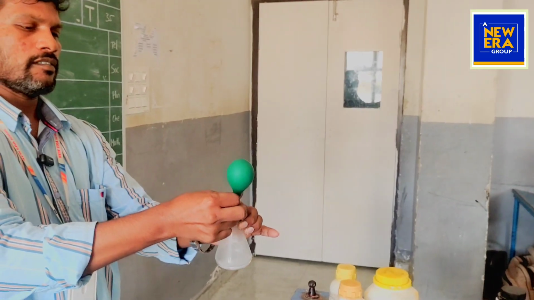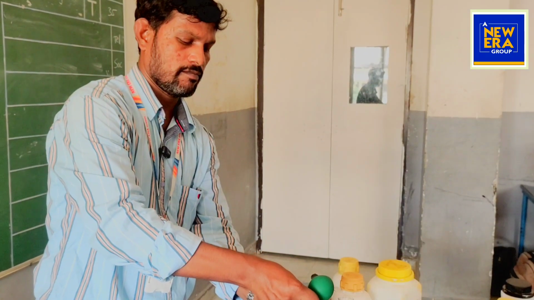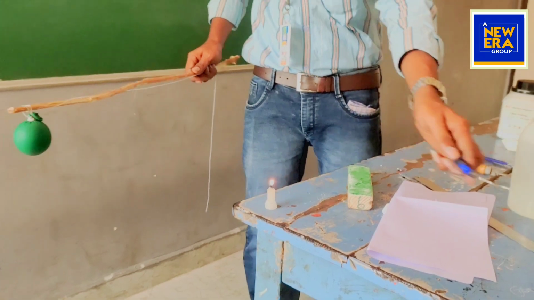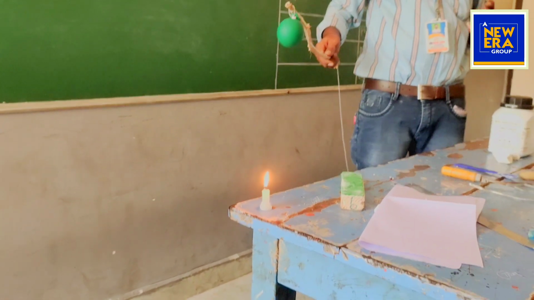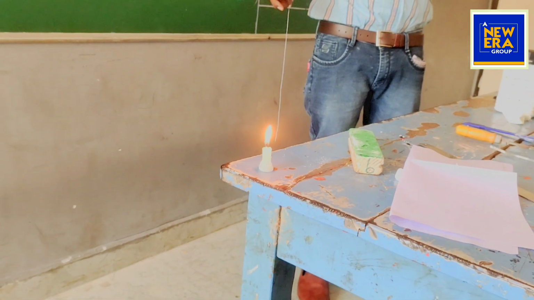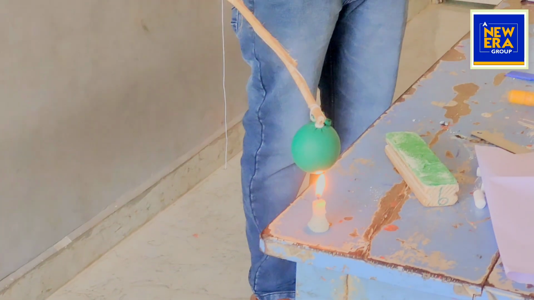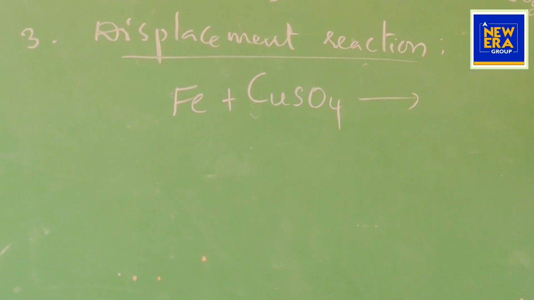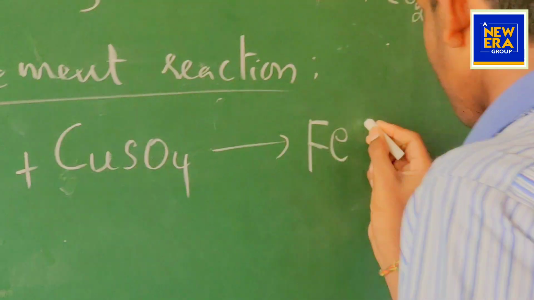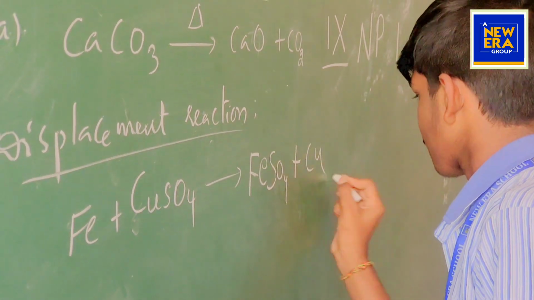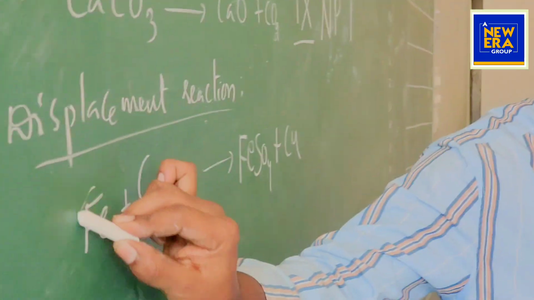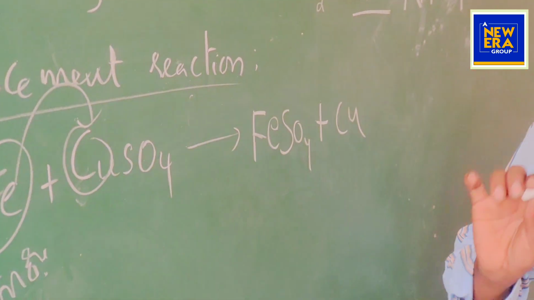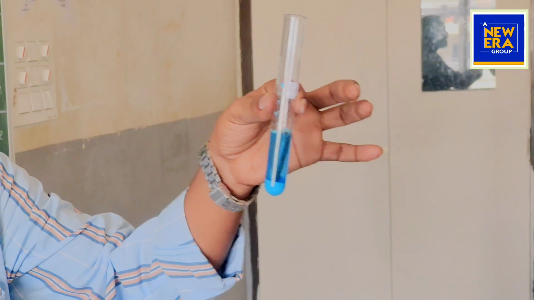So see here, you should collect this hydrogen gas properly. Actually this is hydrogen gas, which produces a pop sound. Can you guess what products are obtained here? Single displacement reaction. Here this is the more reactive metal. Iron is more reactive than copper. That's why it displaces copper to produce iron sulfate and copper. So this is a single displacement reaction.